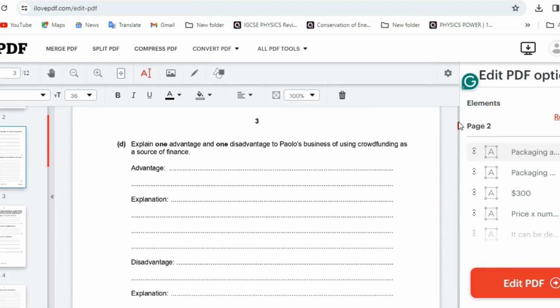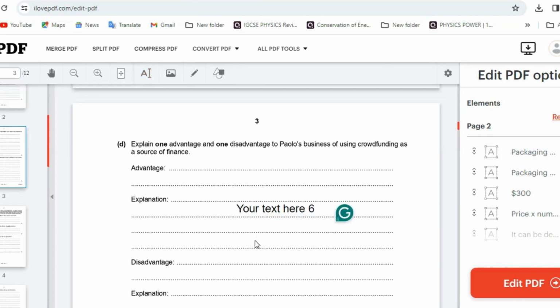Question 1d says, explain one advantage and one disadvantage to Paulo's business of using crowdfunding as a source of finance. By using crowdfunding, you are raising money from a large number of people, which can always be on the internet. Now, what is the advantage of using crowdfunding as a source of finance?